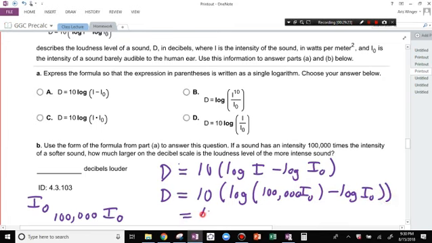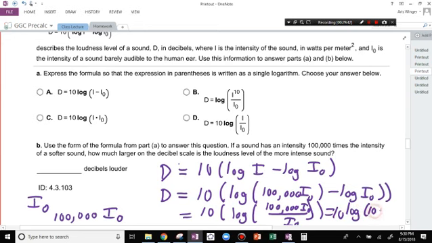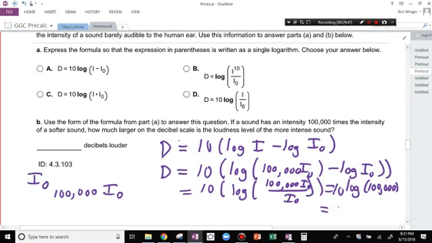And this is 10 times the log of, you're going to divide, right? 100,000 I naught over I naught, which is 10 times the log of 100,000. And so 10 times the log of 100,000 is 10 times 5, which is 50.